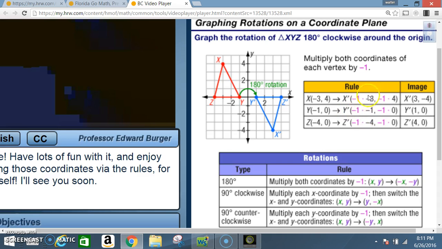Here the rotation was 180 degrees, and the algebraic rule is we must multiply each x and y term by -1. You have to know the rule, but right here is what we're writing.